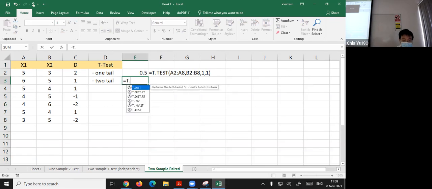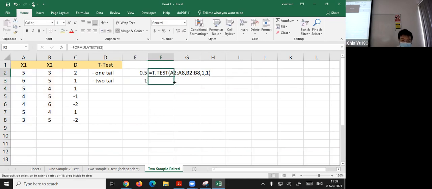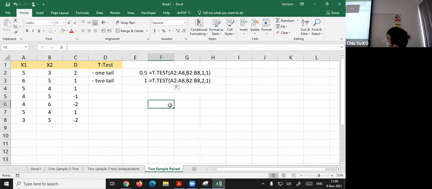And two tail will be like this. So you can see they're different enough to do this. Is that clear? That's how you do a two-sample t-test.